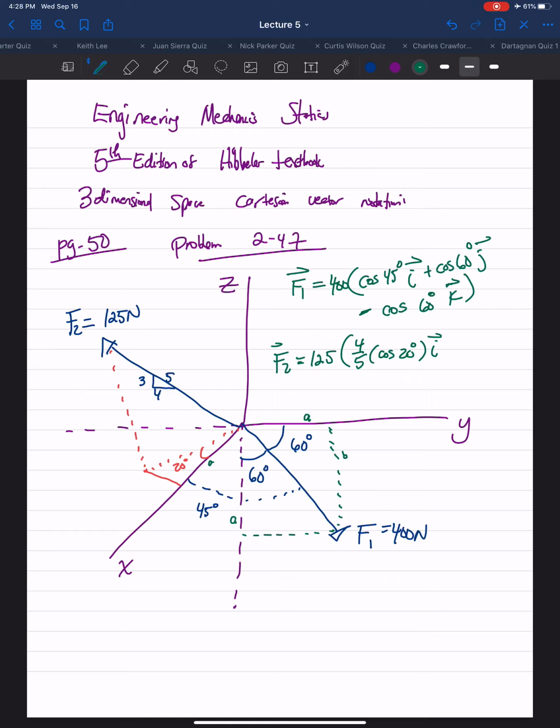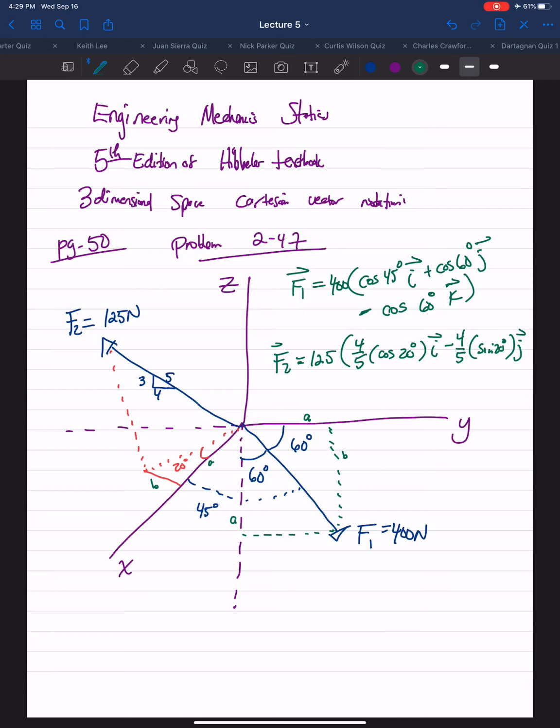Now, that F2 sense is in the negative y direction. So we have to subtract, once again, the 4/5 ratio to get us in the XY plane. But we want the B leg, which would mean sine of 20, and that's j.